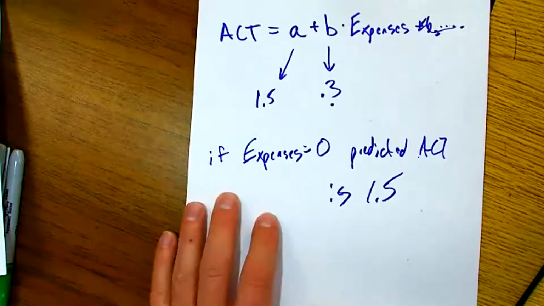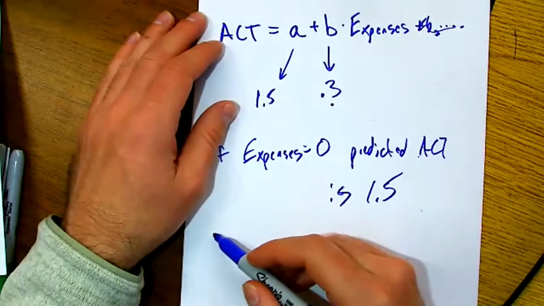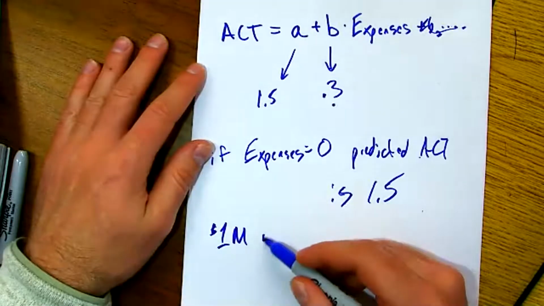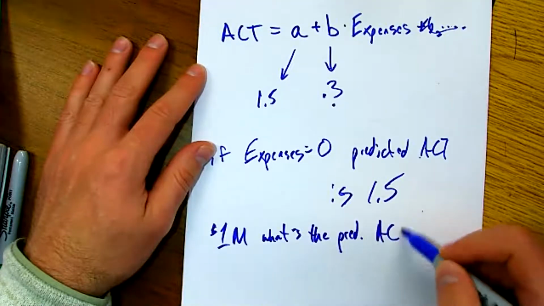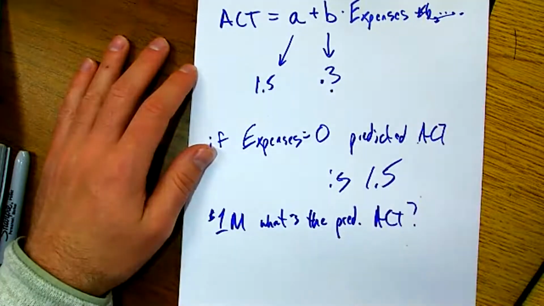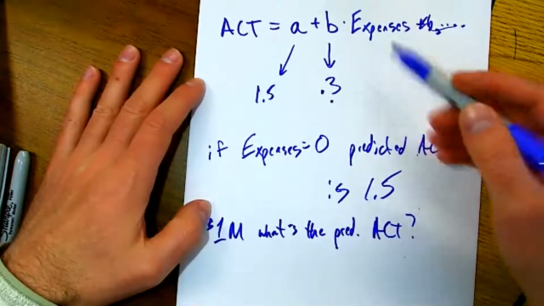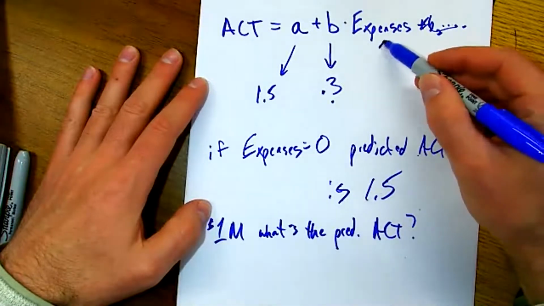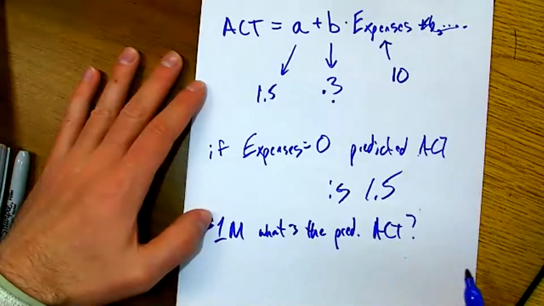What if I'd asked, let's say I gave you these two coefficients, and then I asked you, if a team is spending $1 million, what's the predicted ACT? Well, if this is measured in hundreds of thousands of dollars, then the value that expenses would take on here would actually be what? $100,000 goes into $1 million 10 times, so this would actually be 10.